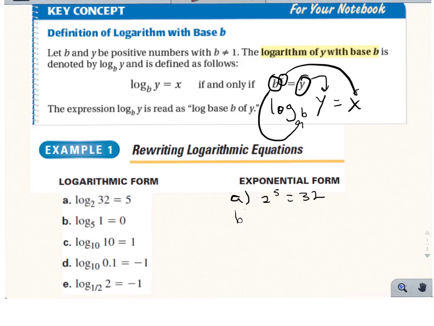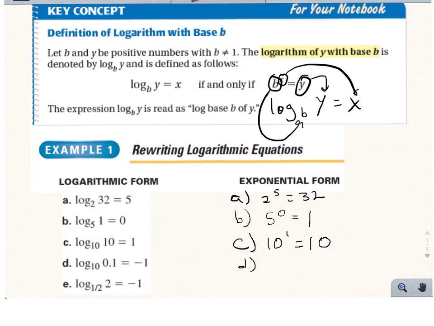For b here, we have log base 5 of 1 equals 0, or 5 to the 0 equals 1. And then for c we get log base 10 of 10 equals 1, so we have 10 to the first equals 10.